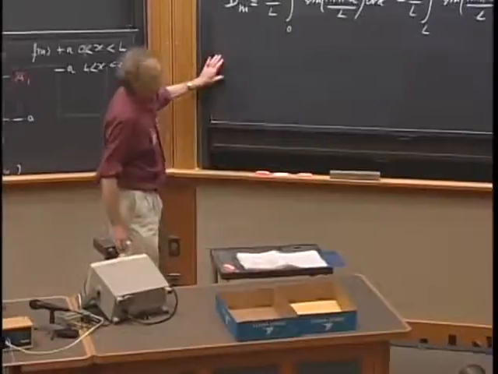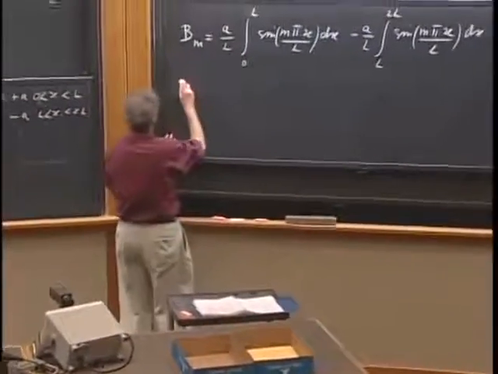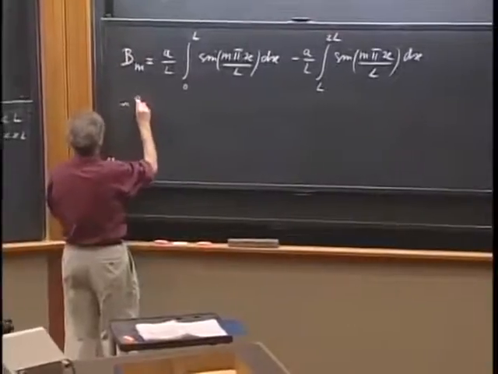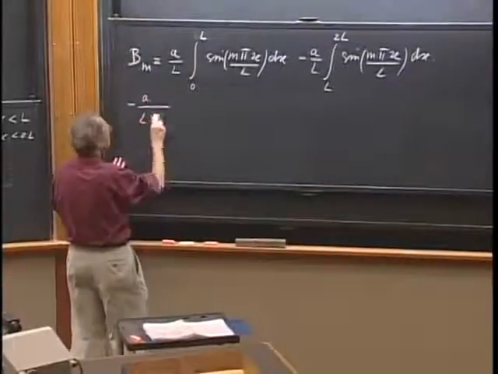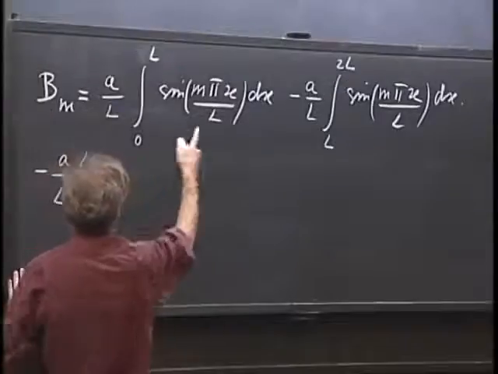This integral is trivial, of course. If I do an integral, I get minus the cosine. So I get an a divided by L out, and I get m pi downstairs and L upstairs.